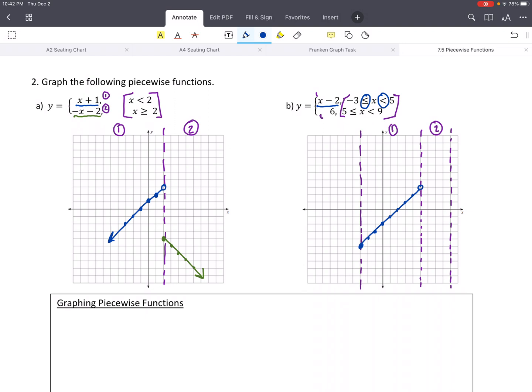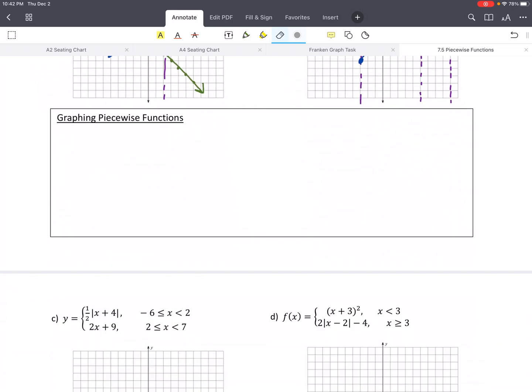And then for 6, I want to remind you what just y equals 6 looks like. That's just going to be at y equals 6. 1, 2, 3, 4, 5, 6. And so I could just connect this. This one's closed. This one's open. Connect that, and then you can just erase what you don't need. Beautiful.